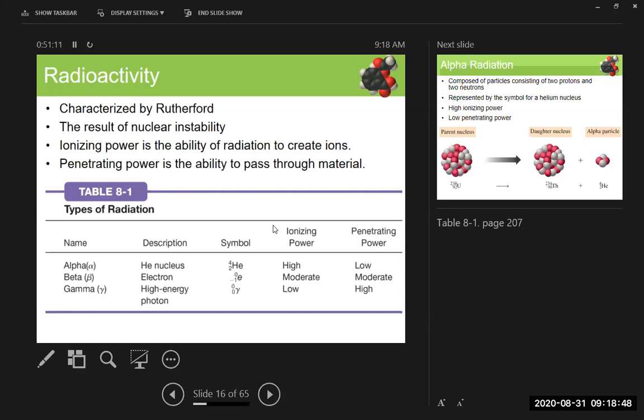That might cause problems. But the penetrating power allows you to look in things and get penetration through and see things in the body. So alpha is high ionizing power, low penetrating power. Beta is moderate for each of those. And then gamma is the low ionizing, high penetrating.